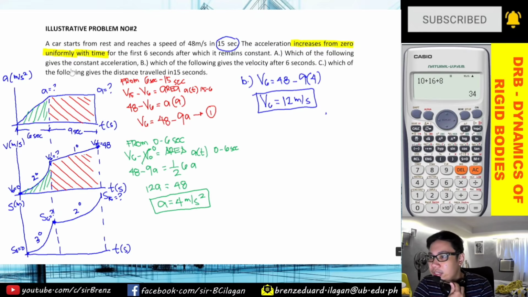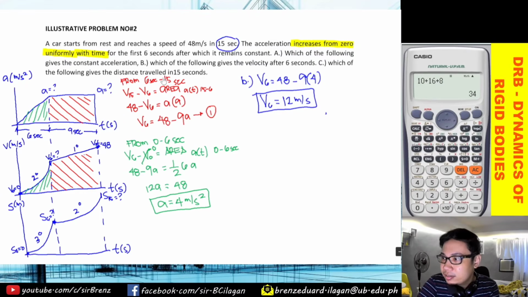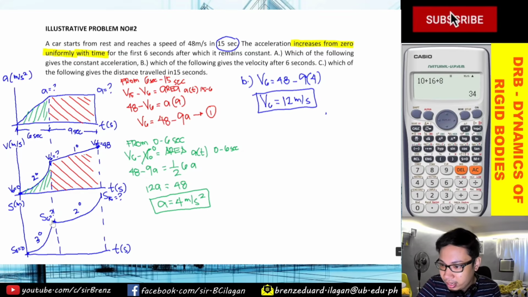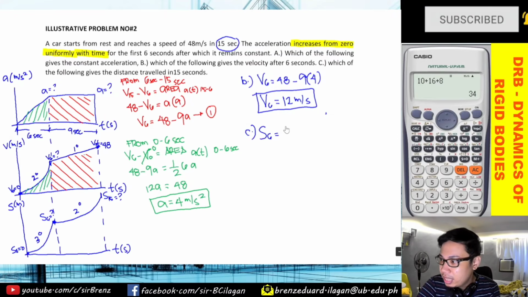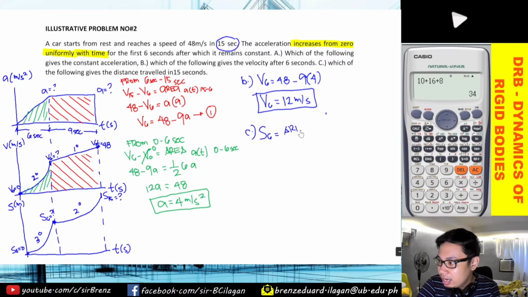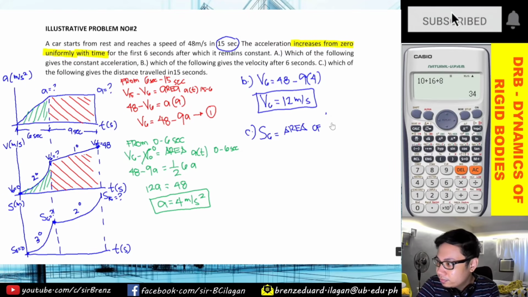And then last, which of the following gives the distance traveled in 15 seconds? Okay, so I think, ayan, area na lang to. For letter C, yung displacement niya after 6 seconds is just the area of this VT diagram. So pakita na nga natin. Area of VT diagram from 0 to 6.